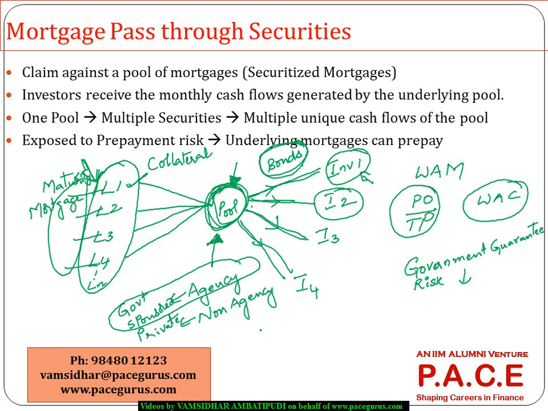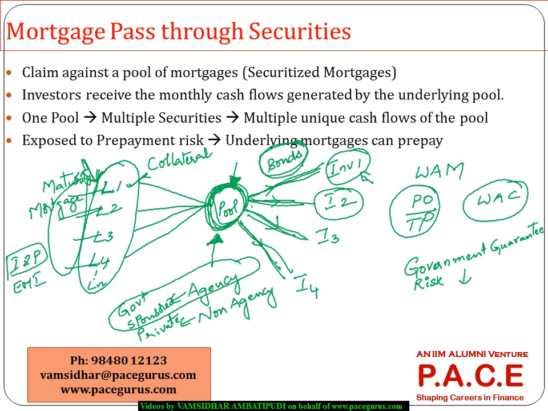Generally, the borrowers for each of the loans make interest as well as principal repayments as part of their EMI. That money will come to the pool, and that would be used for payment towards the various investors on a regular basis.